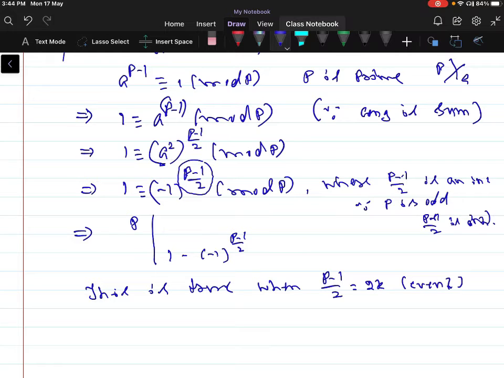If p minus 1 by 2 is even, this implies p divides 1 minus 1, that is 0. This implies p divides 0. Yes, p minus 1 by 2 must be an even integer.